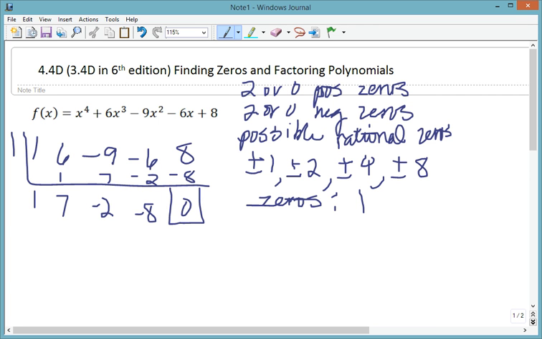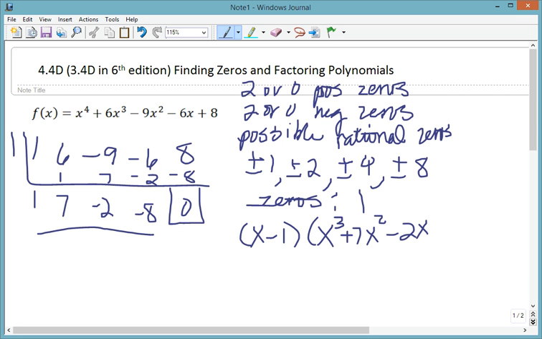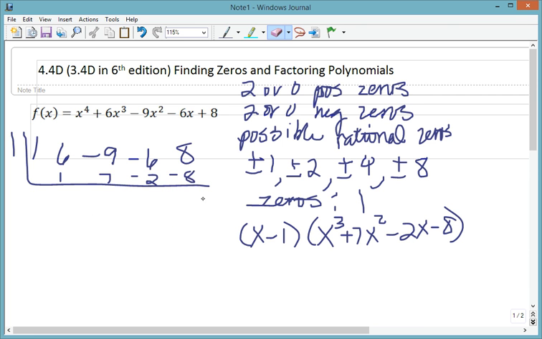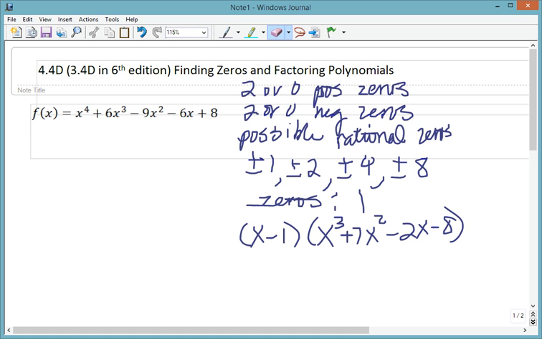That means factored, I've got x minus 1. And what's left is, I can read it off of this answer here, right? x cubed plus 7x squared minus 2x minus 8. Alright, so I found one.